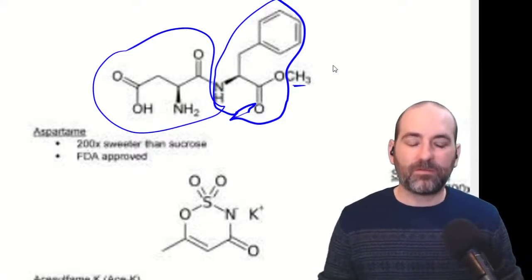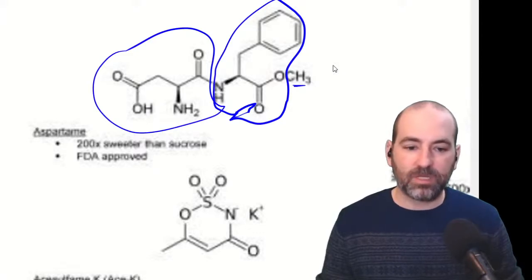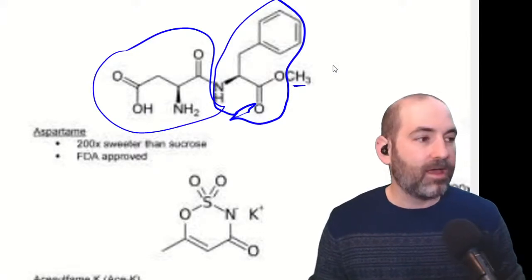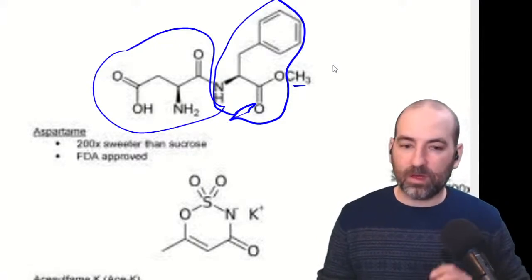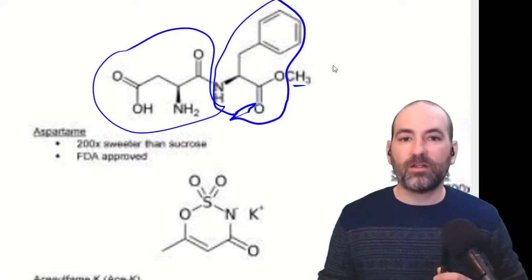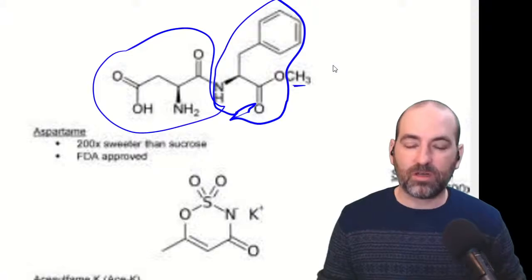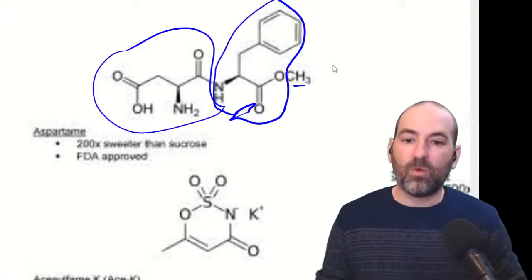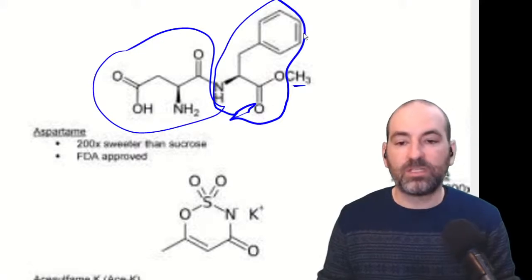The other thing that sometimes freaks people out about aspartame is that products sweetened by aspartame have a warning on them that says, attention, phenylketonuria, contains phenylalanine. There is a relatively uncommon condition in humans called phenylketonuria where your body cannot process this amino acid phenylalanine, and it's a pretty serious condition.